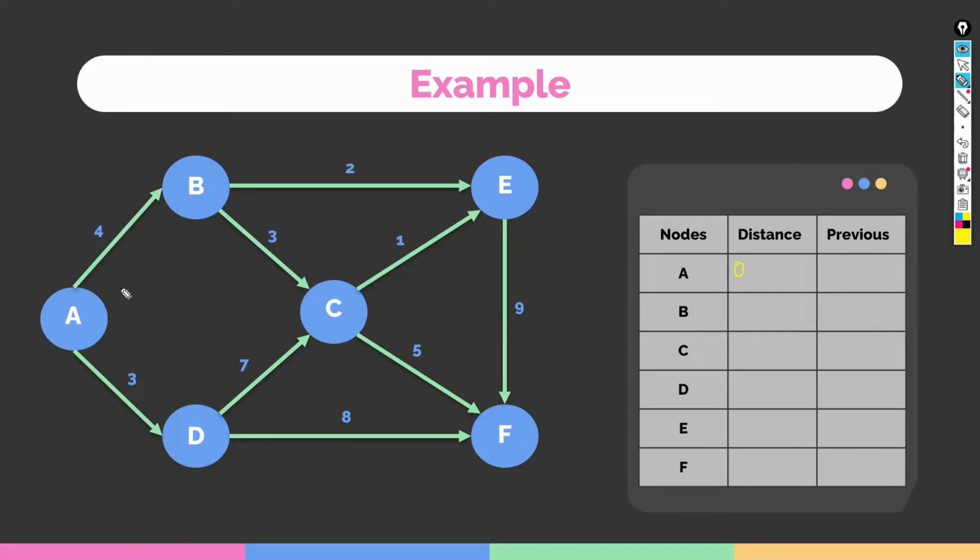Now we don't know what's gonna be the other values at first, so we put infinity. We also don't know the previous except for A, and A's previous is nothing, so it will be null. We also put others null. It's because we don't know them now.